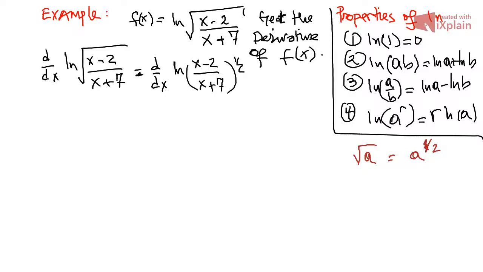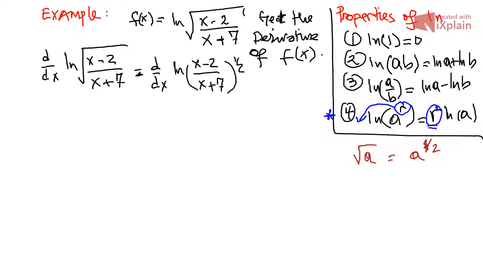Okay, now we keep going. By applying property number 4, as you see right here, you have power r that you brought to the front of the natural log. It's right here.